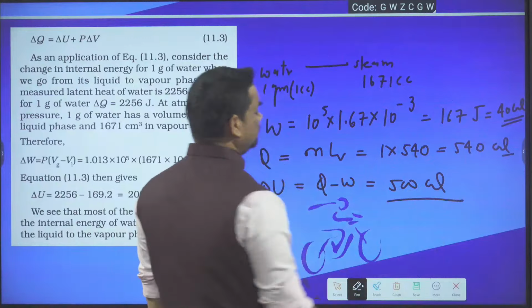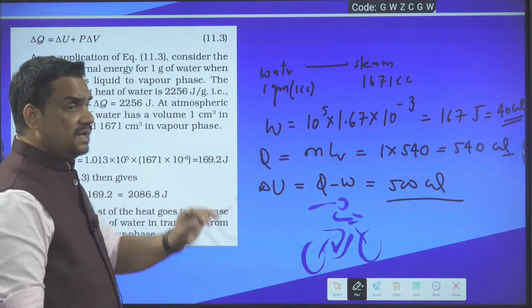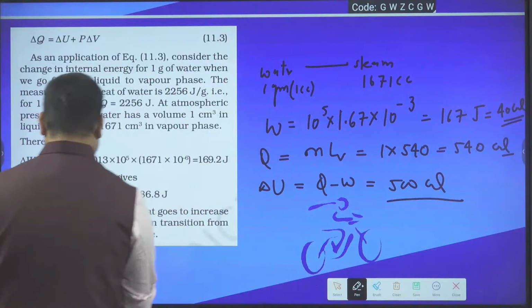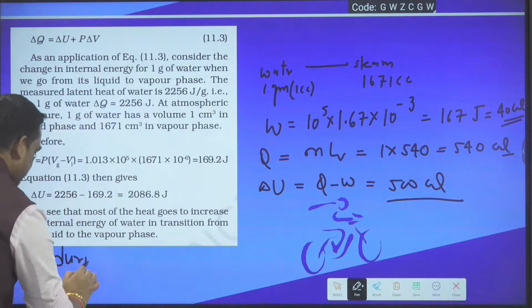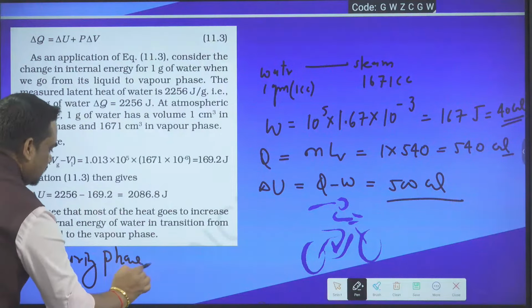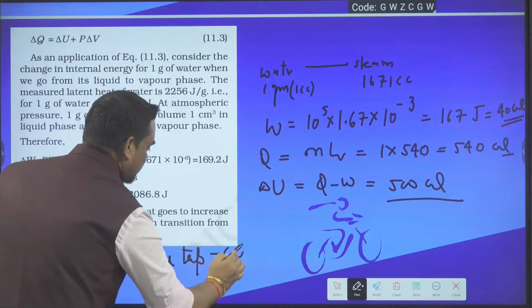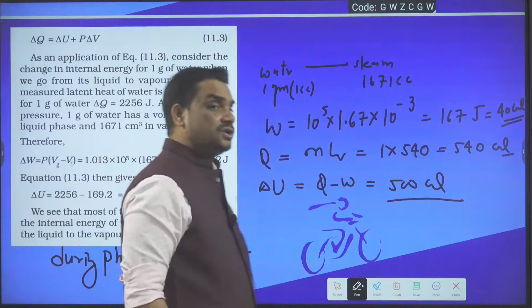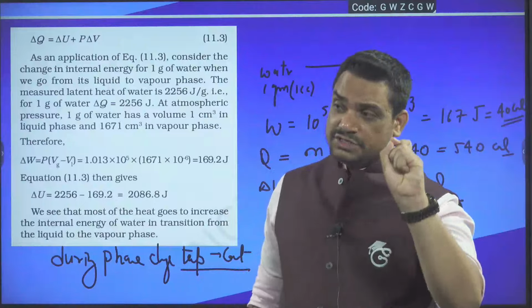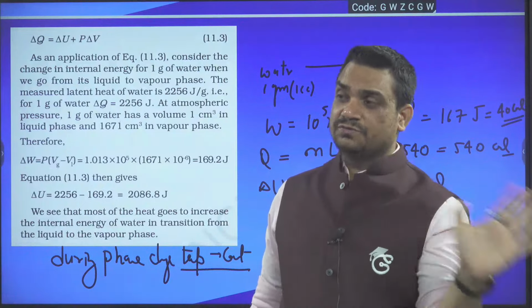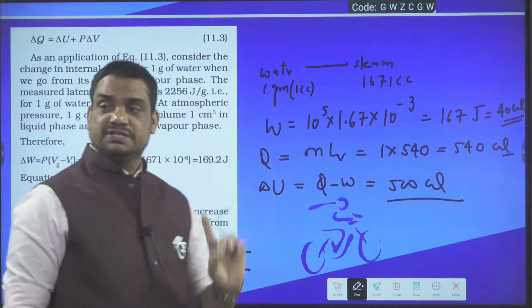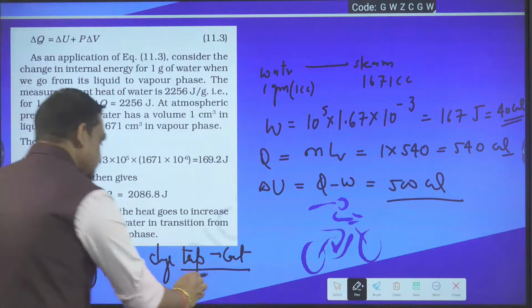Why is this question important? Because a lot of times they will say that during phase change, temperature remains constant, so change in internal energy is 0. True or false? During phase change, temperature is constant, but delta U is not 0.